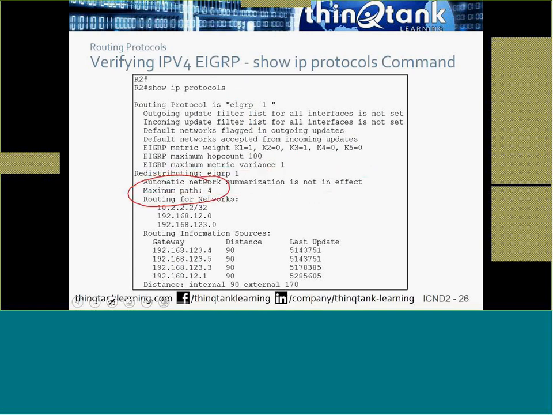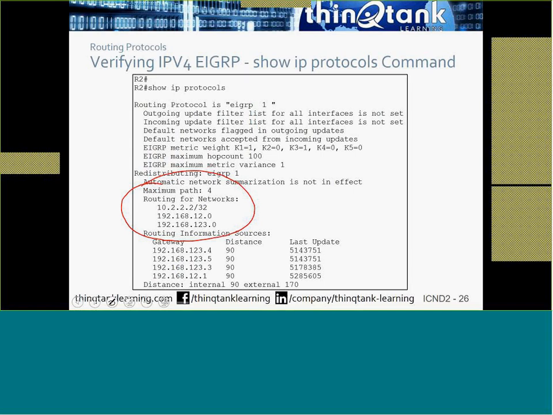Maximum paths 4. You guys remember what that was for? That allowed us to identify how many paths we're going to load balance across if we have equal cost paths. The other interesting thing is when you look at routing for networks.